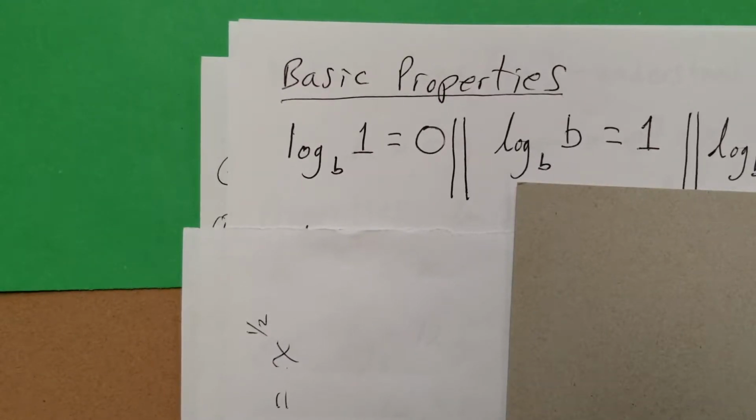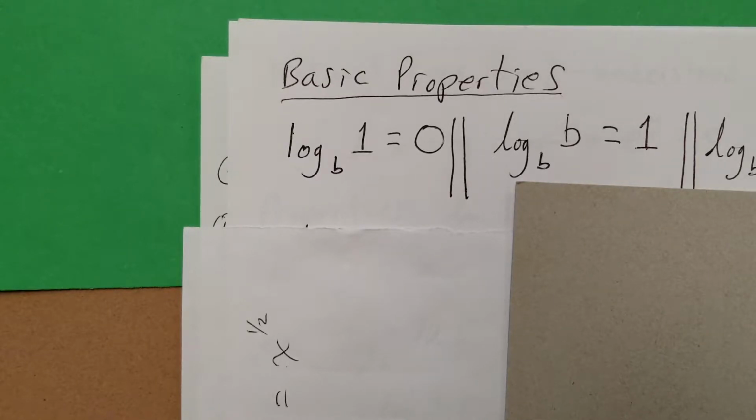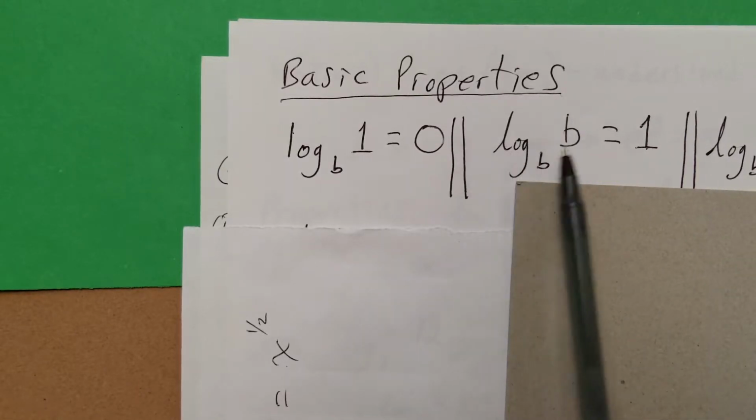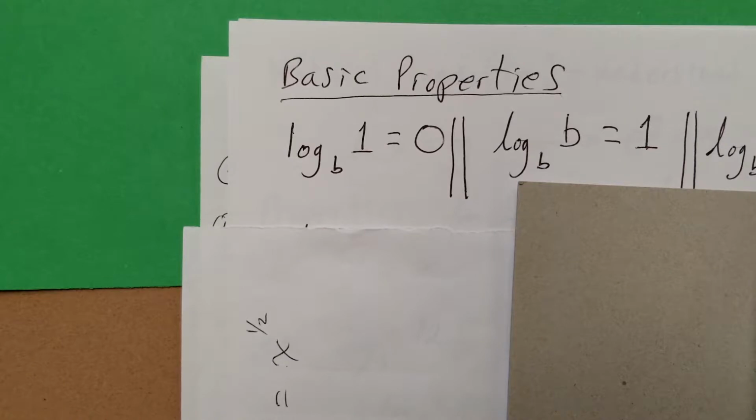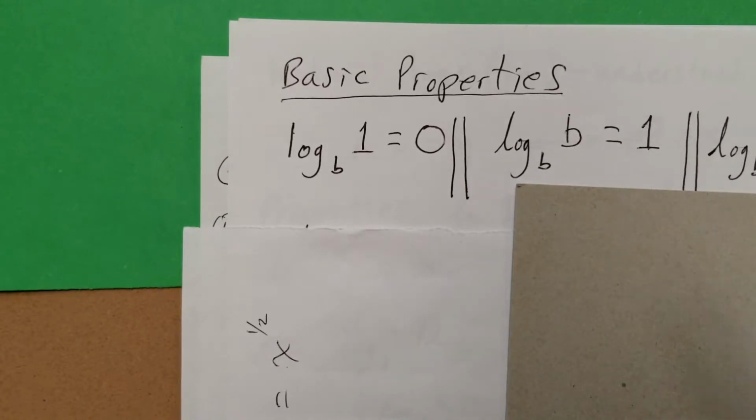If this happened to have a power here, then it's just x. With base b and the number b to the x, you can cancel this and it becomes 1. You cancel this and it becomes 1, but 1 times x is x. So these are kind of similar, if you think about it.